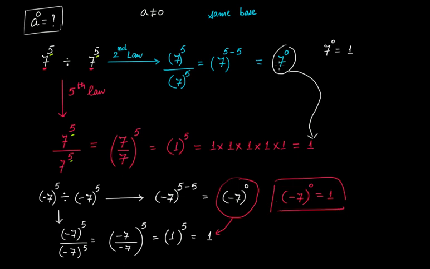So it doesn't matter whether the number is positive or negative. If it is raised to the 0 power, then that will be equal to 1. So if we have to generalize this, how will we do this? Imagine that we have a non-zero integer, that is a should not be equal to 0, right?